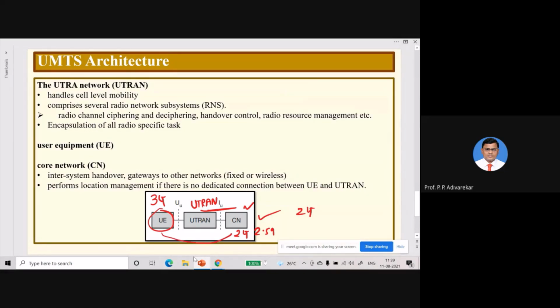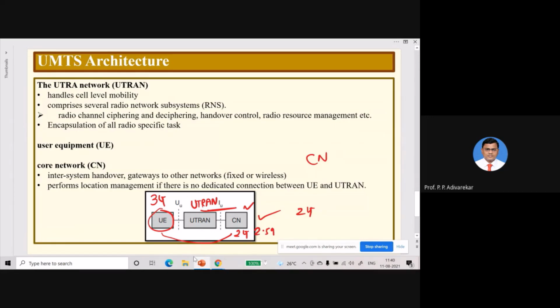Okay, so all the lower versions of GSM are supported by this third generation via UTRA through this core network. The details of these two components we will see in the next lecture, but right now the summary of the overall picture is that the core network, that is CN, is responsible for inter-system handover as well as communication with the lower versions of the GSM system.